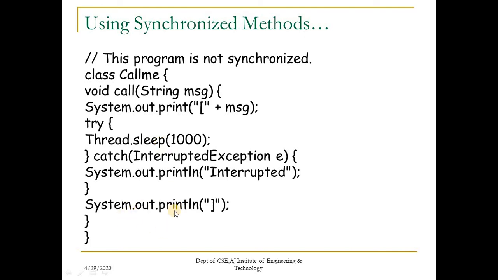Finally, after 1000 milliseconds of delay, you will display the closing square bracket and then end. So inside the call method, first we display the opening square bracket and the message, then put the thread to sleep for 1000 milliseconds. After it wakes up, it will display the closing square bracket.